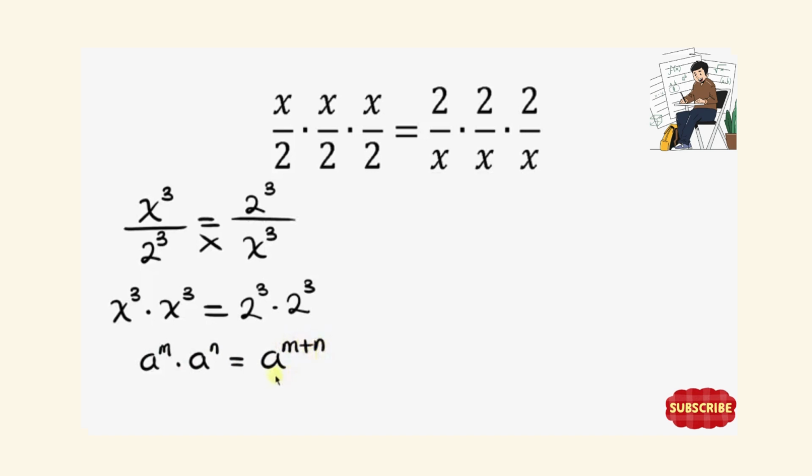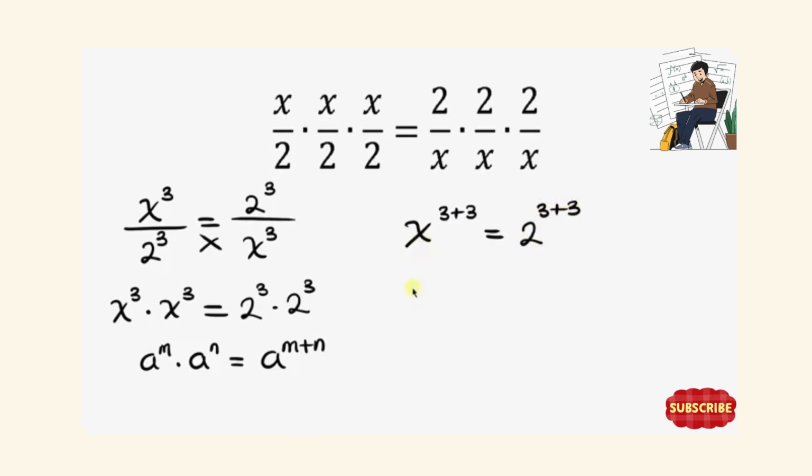So we're going to be applying the law of indices to what we have on the left and on the right. So on the left, this becomes x to the 3 plus 3. This is equal to, on the right, 2 to the 3 plus 3. Very good.